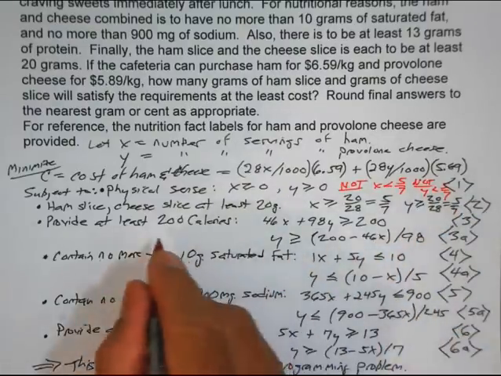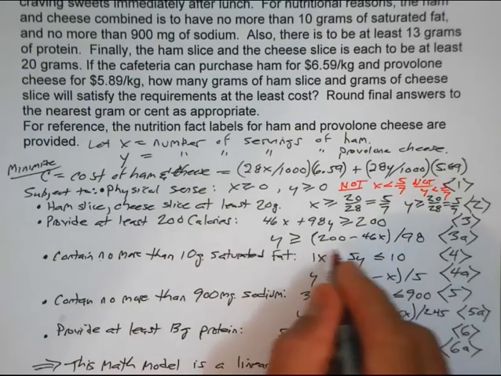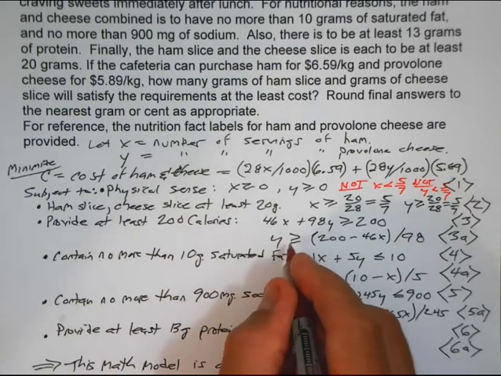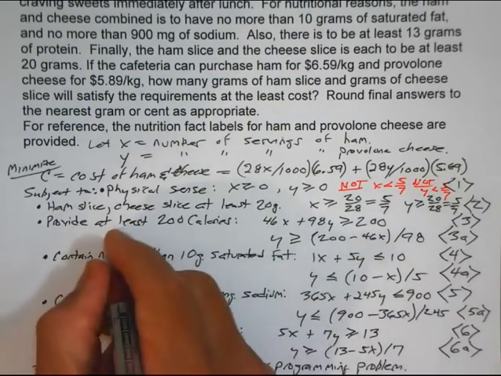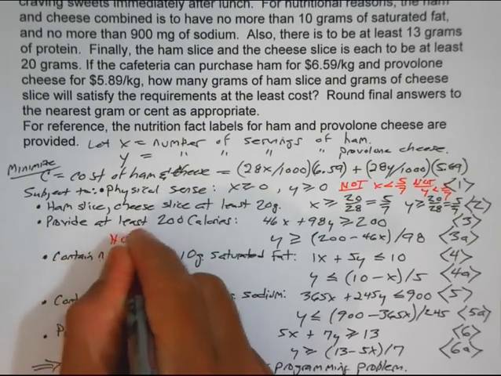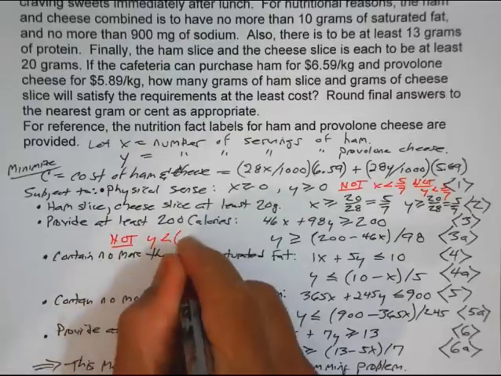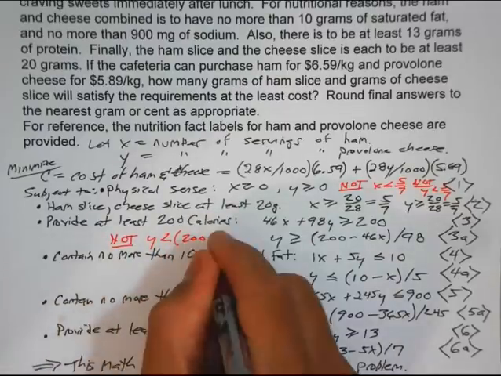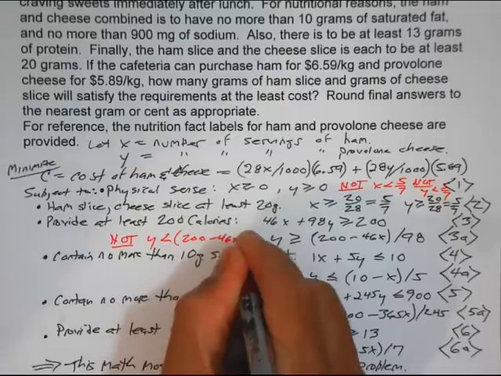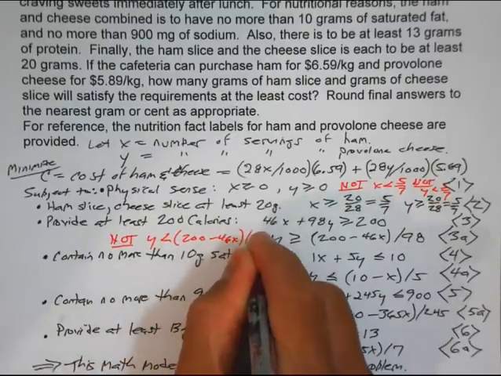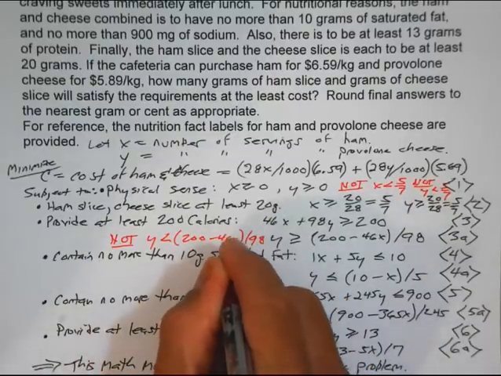Alright, now when we get to this calories restriction, what will we be graphing? Alright, if this is permissible, then we could say not y less than 200 minus 46x divided by 98.